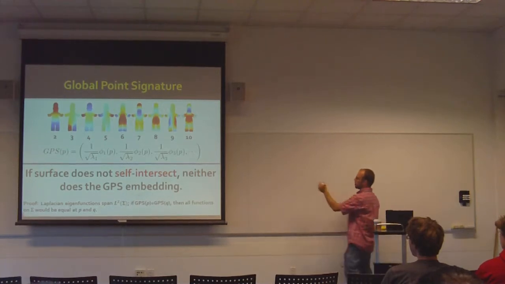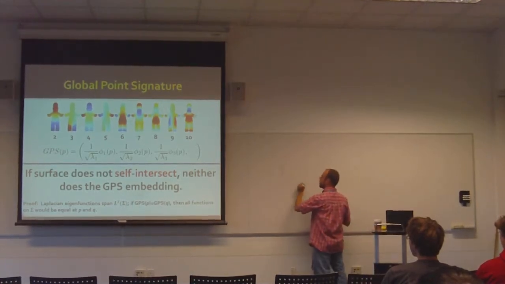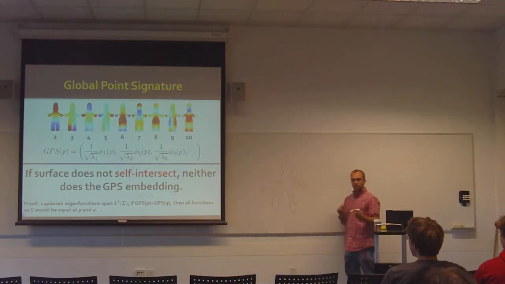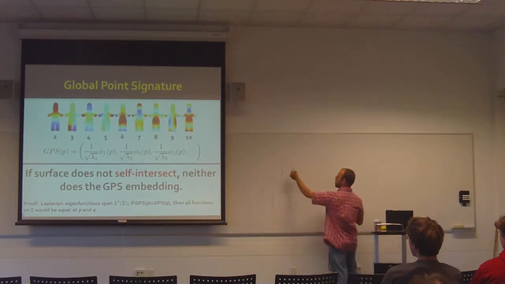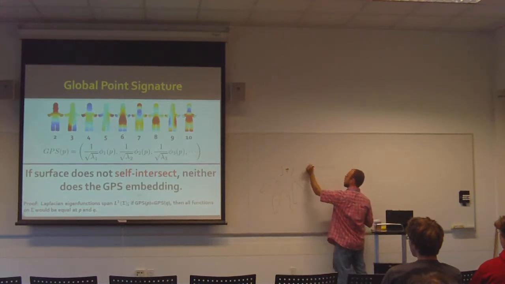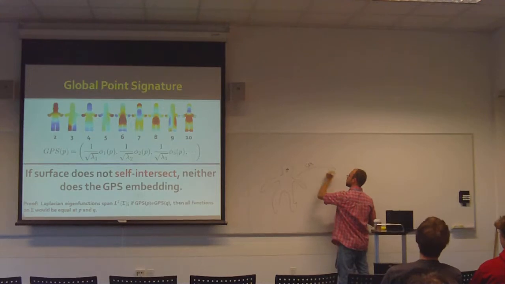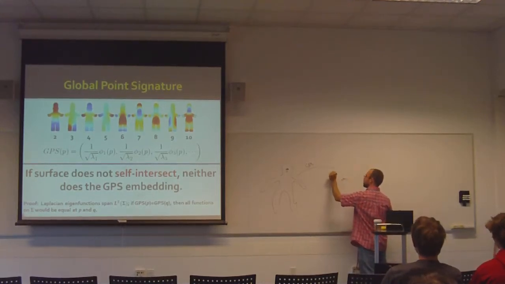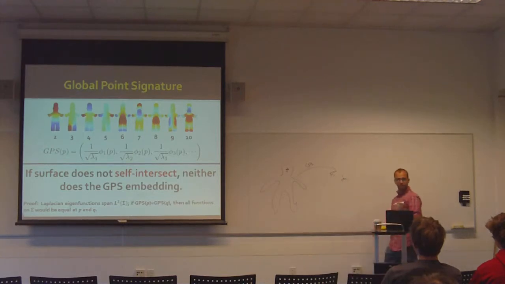Then if I have my surface, our same doughy guy here, we can think of the GPS as a map from each point P, just some function, to some point in R100. You do 100 eigenvalues. So this will be the GPS.